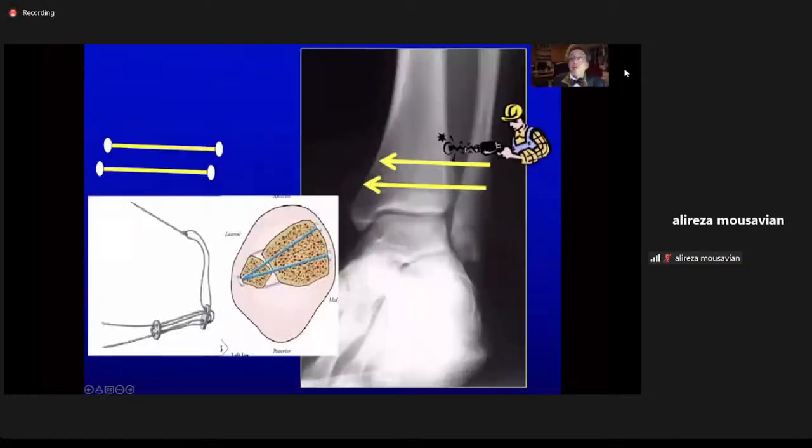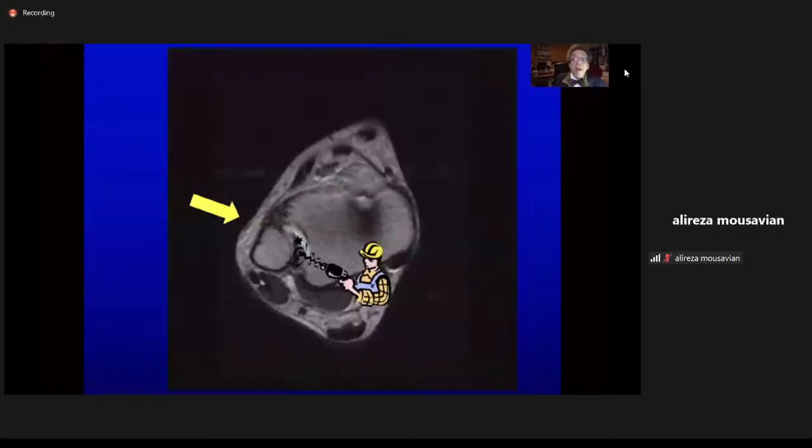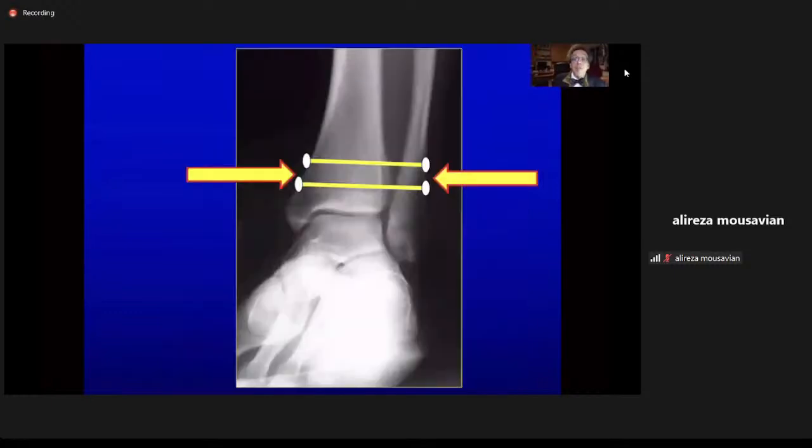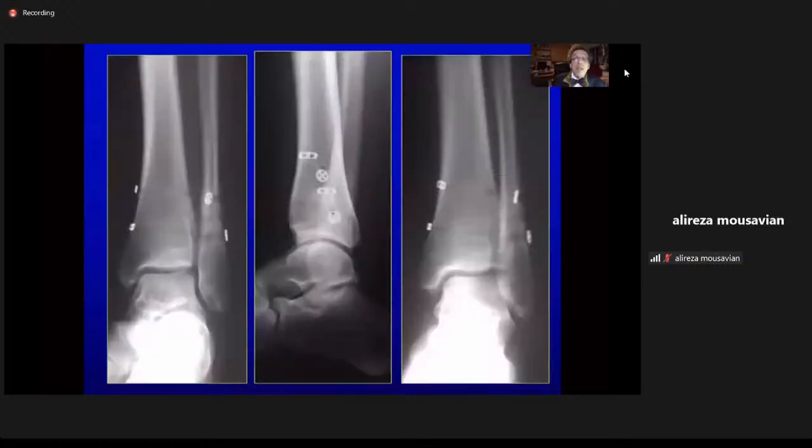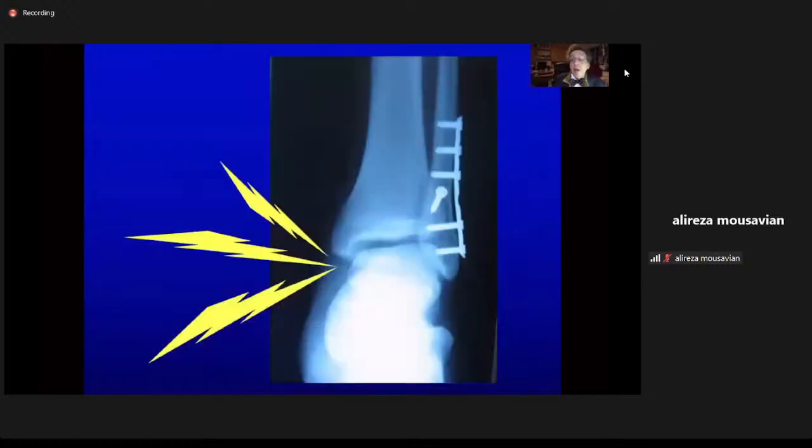Oftentimes on a delayed case, I will drill the tibia-fibula articulation with a K-wire on oscillation mode to activate healing, especially if it's not done acutely. And so that's what that looks like.